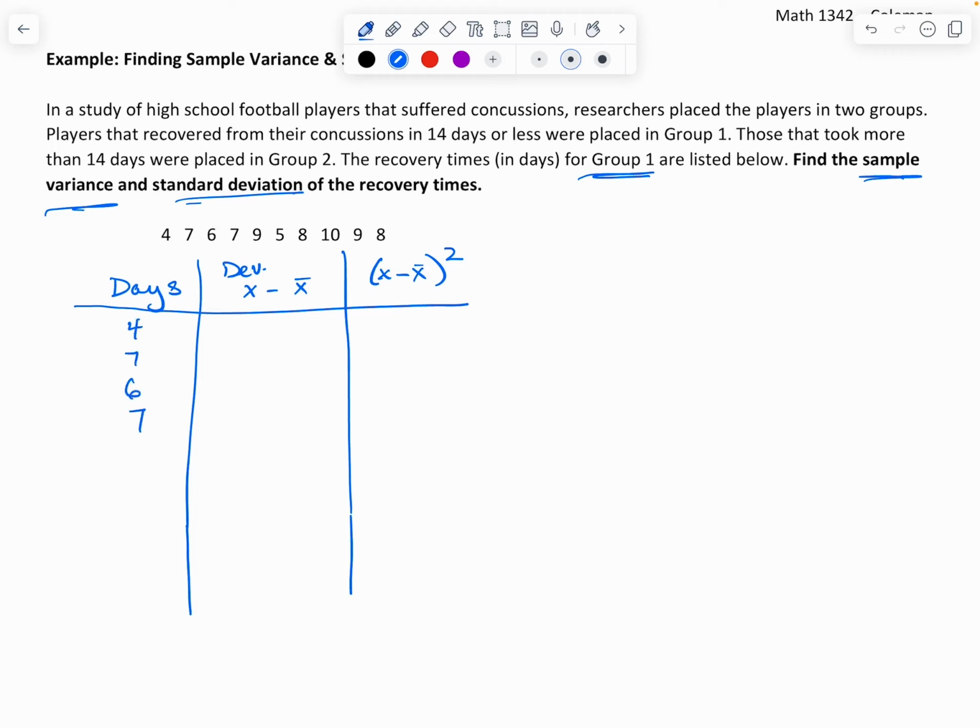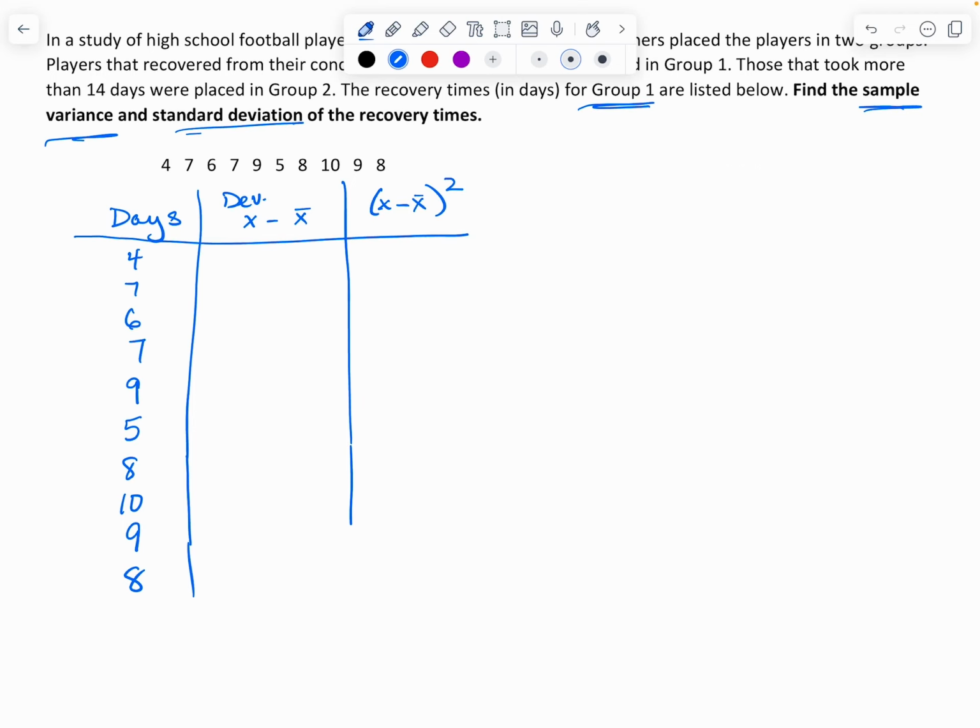So we had 4 days, 7 days, 6, 7, 9, 5, 8, 10, 9, and 8. And there are 1, 2, 3, 4, 5, 6, 7, 8, 9, 10 students. So this is 10 students or student athletes.